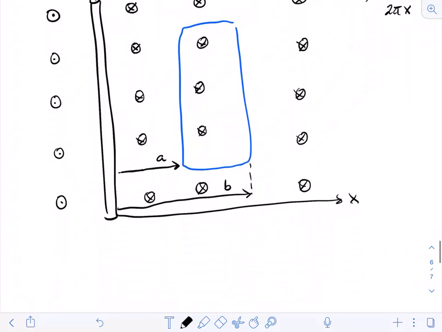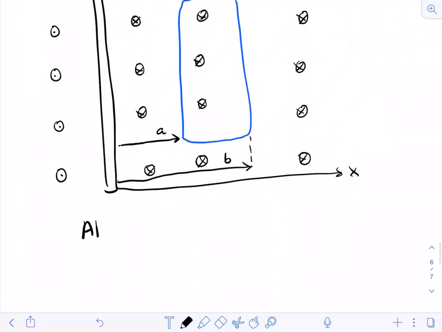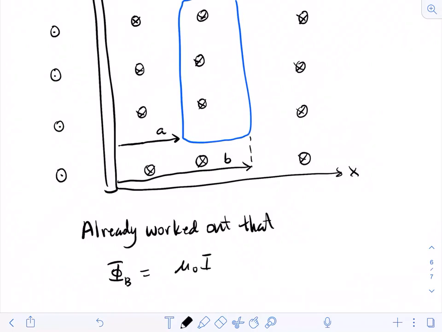So we had already worked out that the magnetic flux was equal to mu naught I, and I'm going to put in the time dependence, so I is a function of time, times L divided by 2 pi, times ln of b over a.